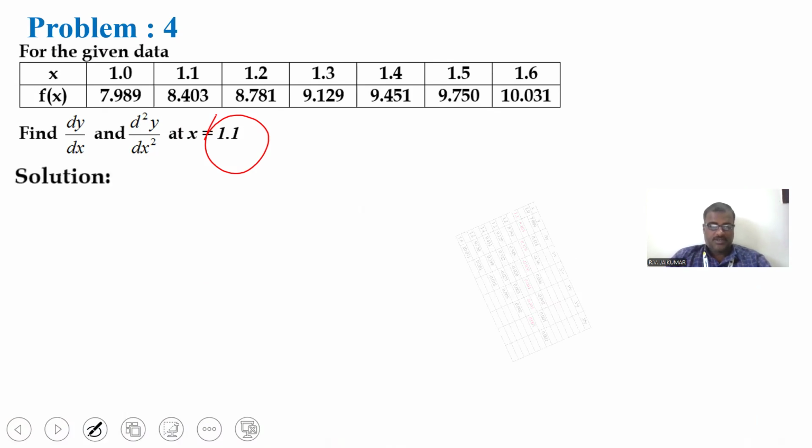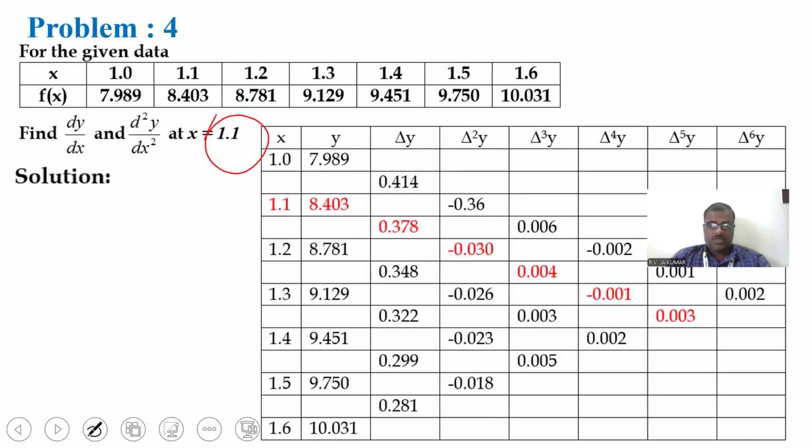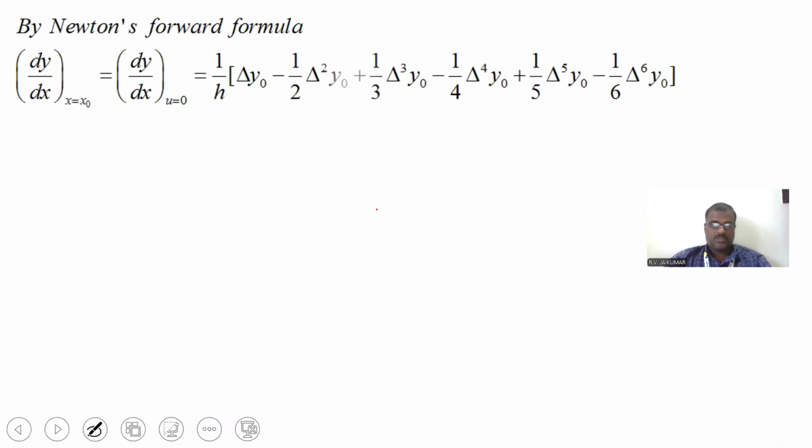Please verify your results. We have chosen the second formula, which is very easy to calculate without making any mistakes, because it is a very simple formula: 1 by h into delta y naught minus 1 by 2 into delta square y naught plus 1 by 3 into delta cube y naught and so on. 1.1 is situated in the second one, so we have to choose the values in the formula and we'll get the result.